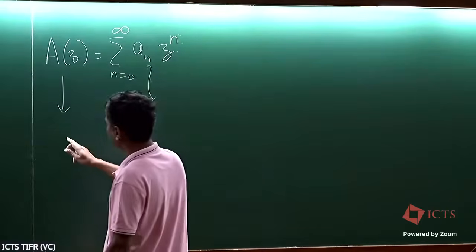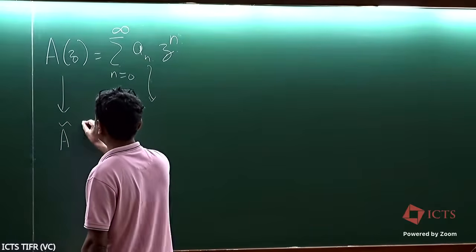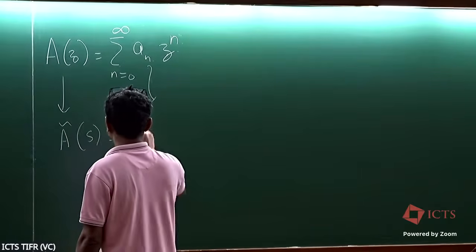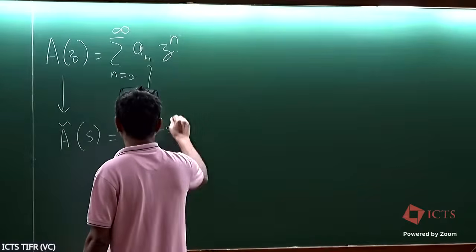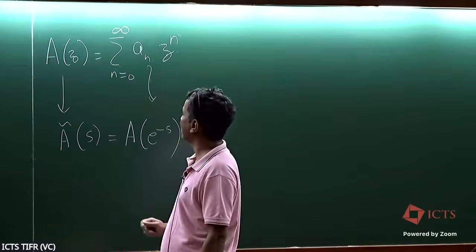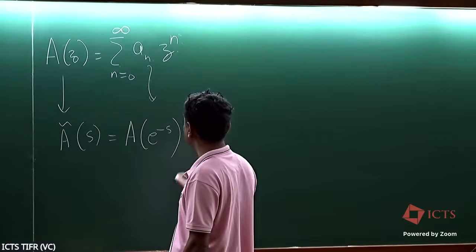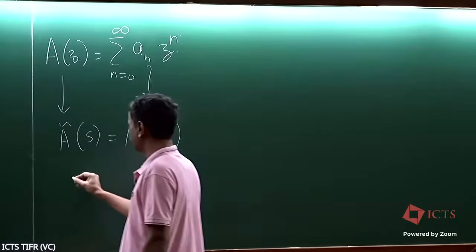We said that basically we need to define a tilde of s equal to A of e to the power minus s, and look at the function close to z equal to 1, which means s going to 0.